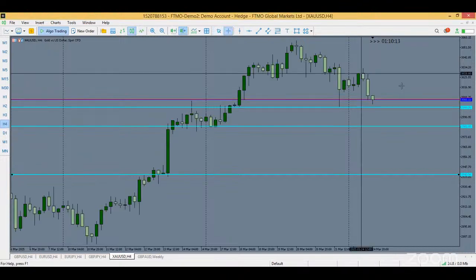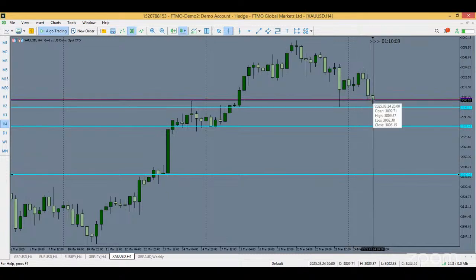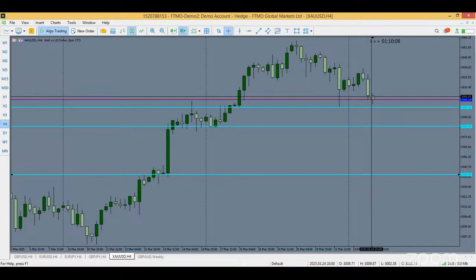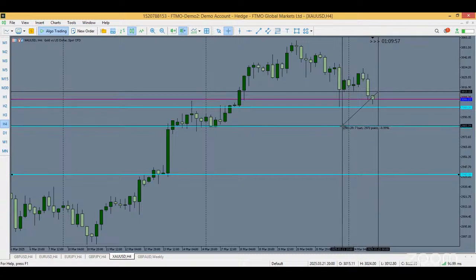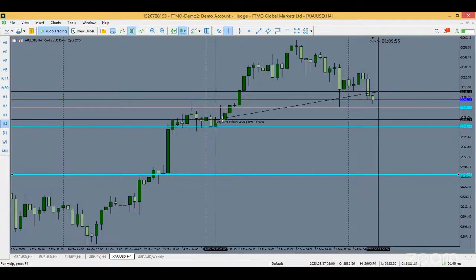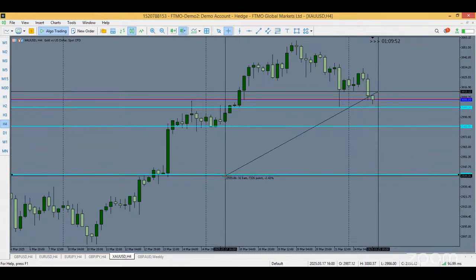Okay. So if I entered, well, I wouldn't like to enter a sell right here, right now. I'd prefer it to push up a bit, maybe to this zone here, and then I can put my stop loss there. This is around 200 pips, right? And then I'll go for this target here. I'll go for these lows here first, and then go for these lows here.